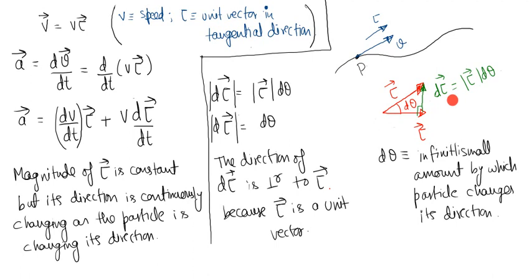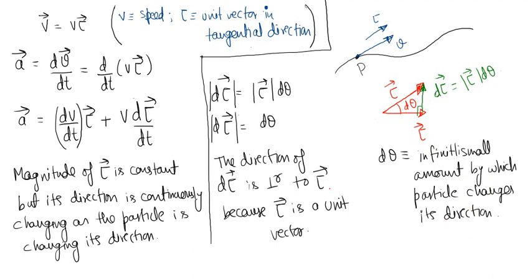In the next slide we'll see that its direction is perpendicular to the tau vector, and its magnitude can be written as the magnitude of tau vector into d theta, where d theta is the infinitely small amount by which the particle has changed its direction.